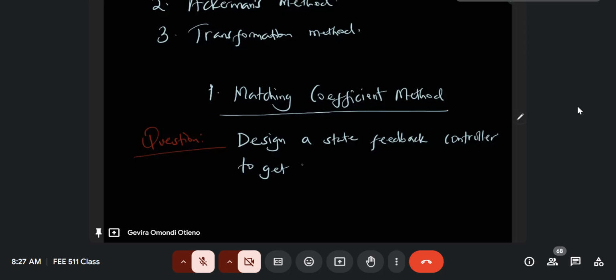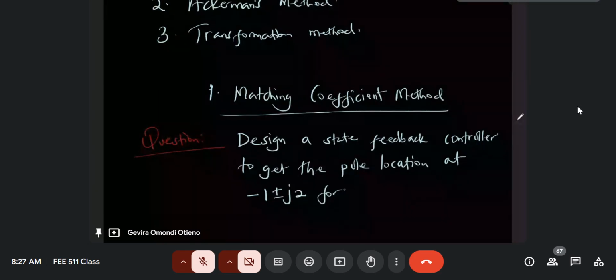To get the pole location at -1 plus or minus J2 for the model.